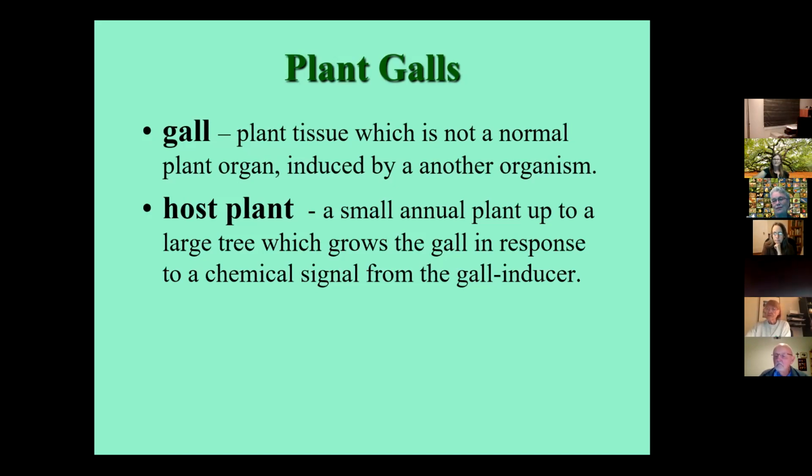And with the insects, we have different ages of insects. So if it's larval, it's going to be really hard for anybody to tell you what it is. So again, the plant grows totally plant tissue, all in response to a chemical signal from the gall-inducing, in this case, arthropod.